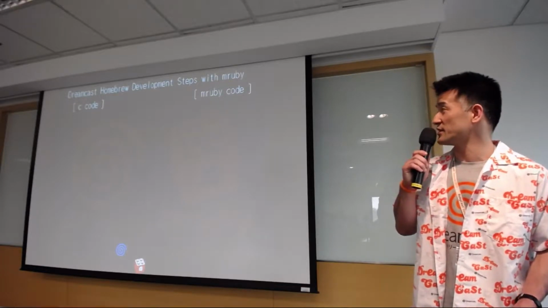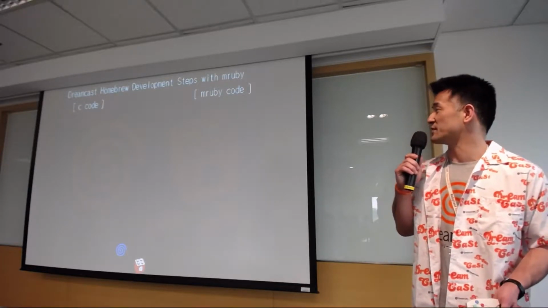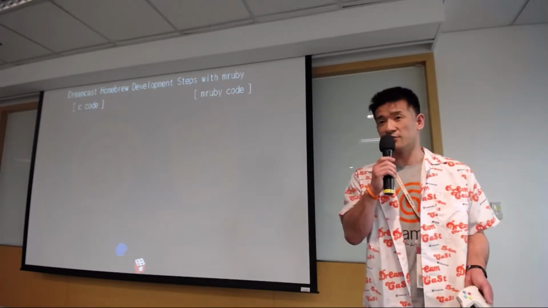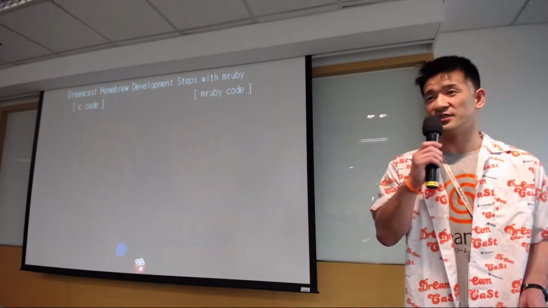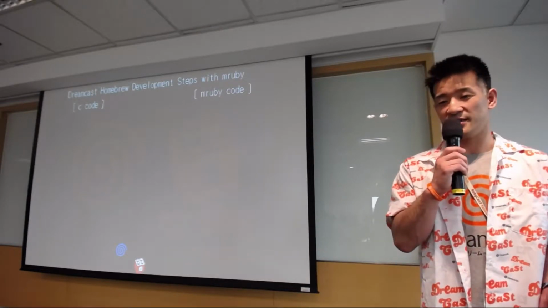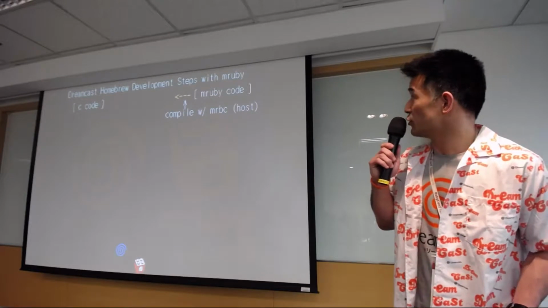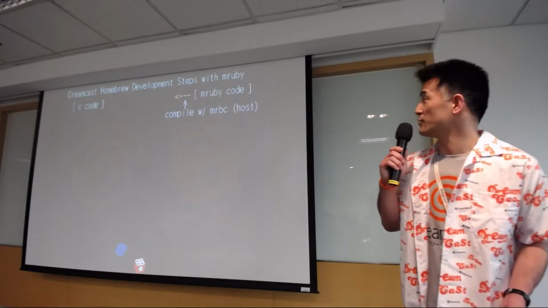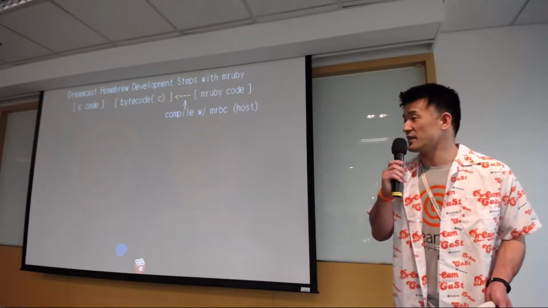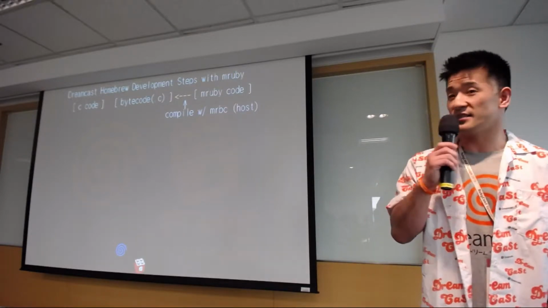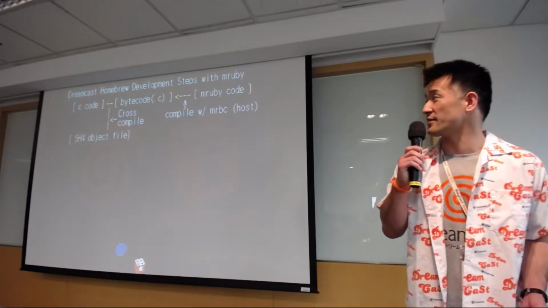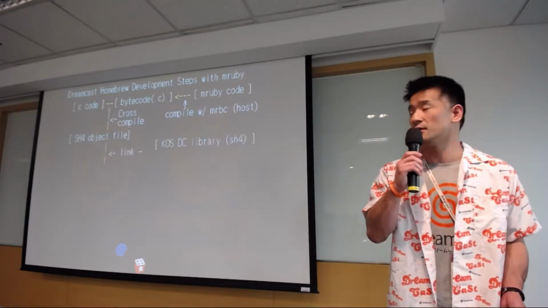And this is an overview of what happens if you use mruby with it. You write some mruby code and you write some C code. The C code is typically the loader that loads mruby and then kicks it off. And you compile the mruby code with mrbc on the host. That gives you the bytecode, and this bytecode and C code can be cross-compiled together into an SH4 object file.